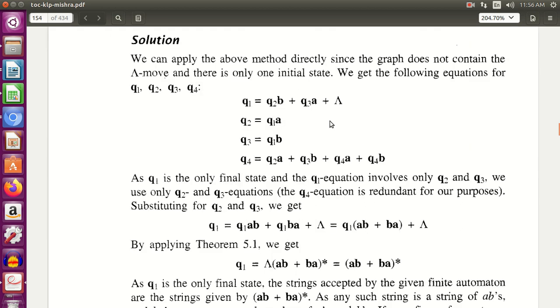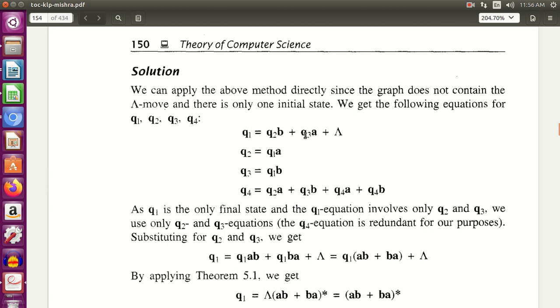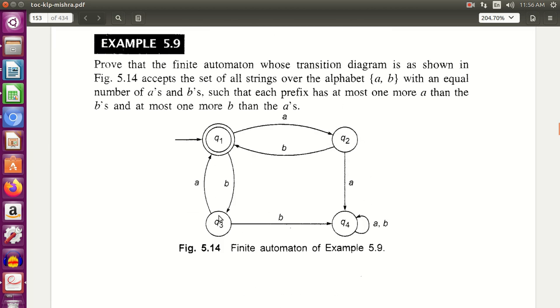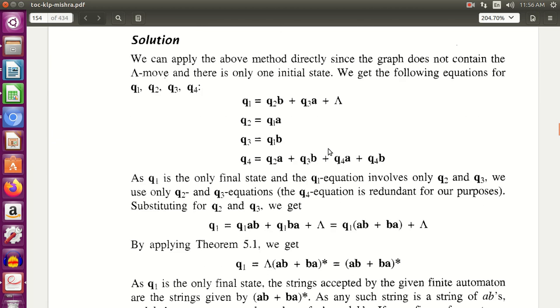Next Q3: it's Q1B, the only incoming edge. So Q3 is equal to Q1B. Now Q4, you might write it down, but Q4 is not required. As you can see, Q1 depends only on Q2 and Q3, so you can simply ignore Q4 over here.